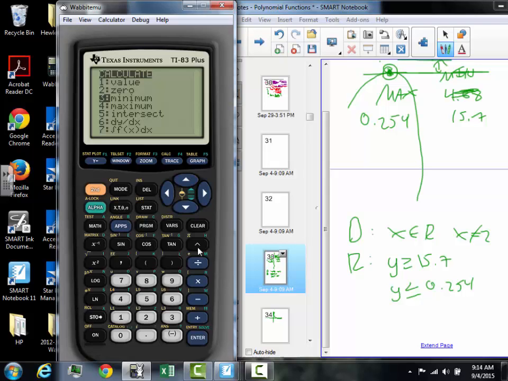So we need to do maximum for this little bit here. This is the highest point, so use a maximum. You're trying to look for this one here. And this is the lowest point, so use a minimum there. See how I found the highest point there? The minimum would be the minimum of the range you specify, so that would be the lowest point of that.